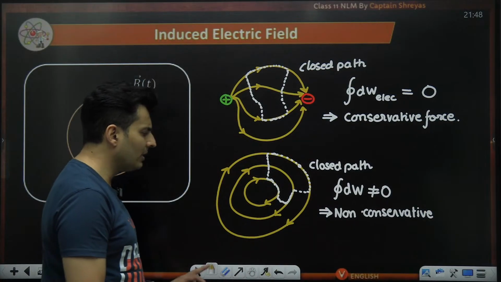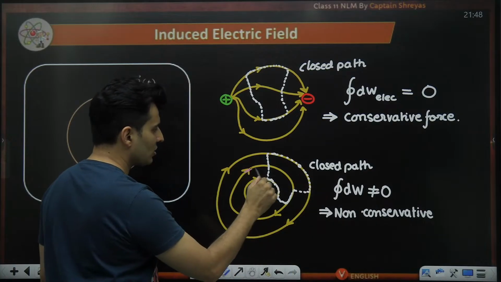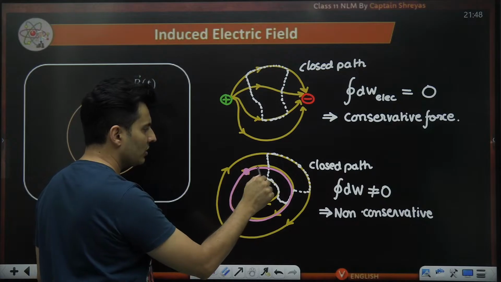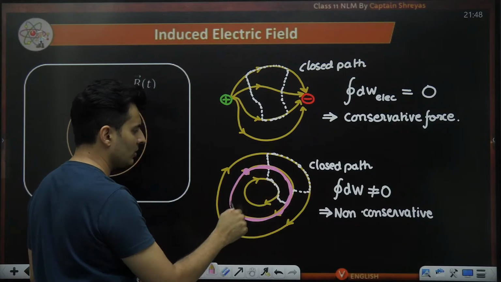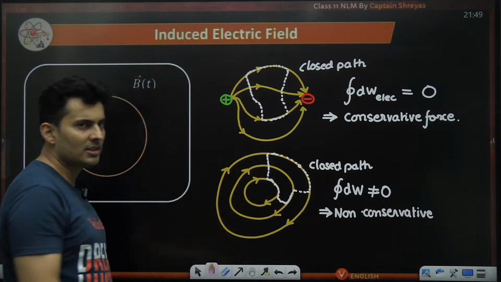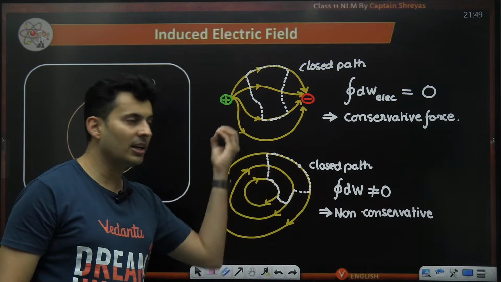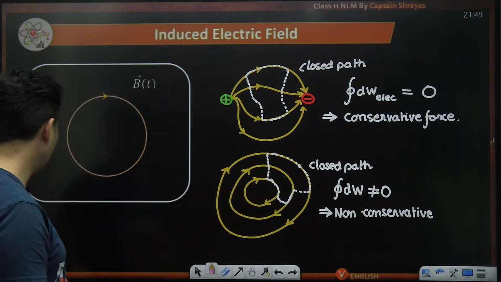You can take another convenient path, let's say like this. Just go along this. Every time positive work, and I'm back to the same place. Positive, positive, positive, and back. So total work done is not zero. It will be a positive number, or some negative number if you go opposite. So it is definitely not going to be zero. That means it is non-conservative in nature.